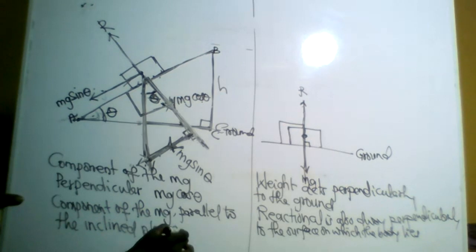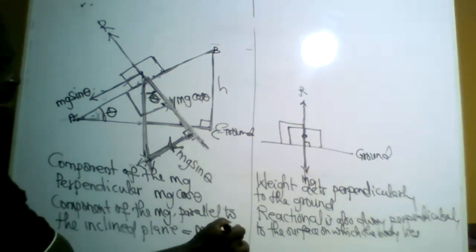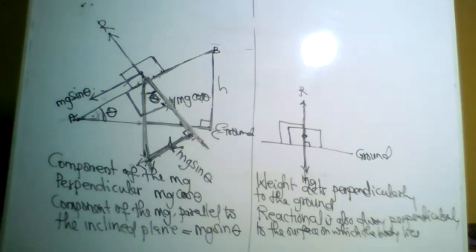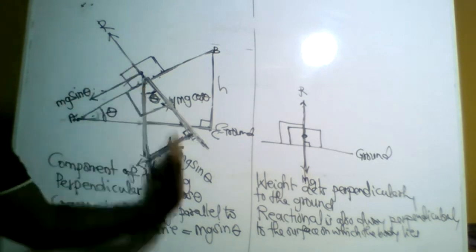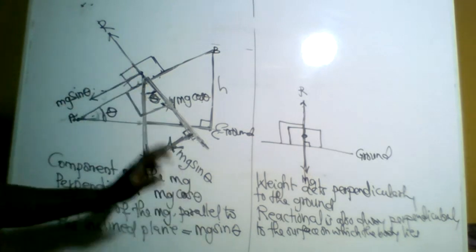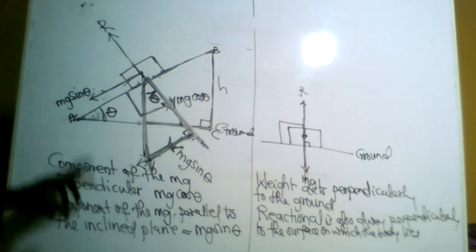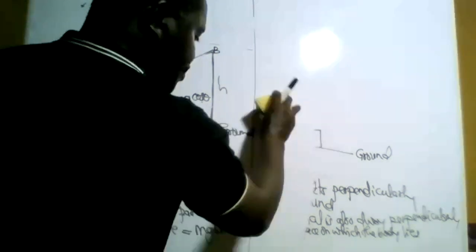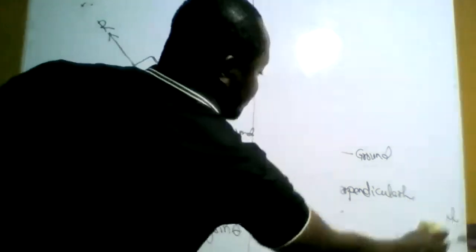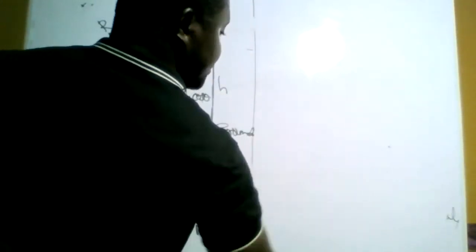That is mg sine theta. So if you are asked to determine the component of the weight mg perpendicular to the plane, it is mg cos theta. Parallel to the plane, it is mg sine theta. Correct? Please, is that okay? Yes.